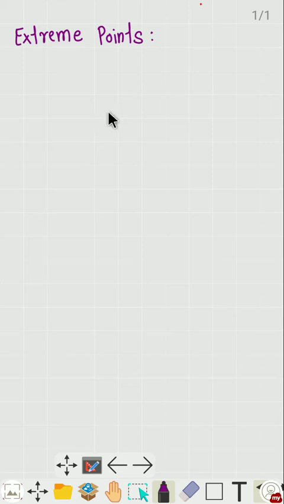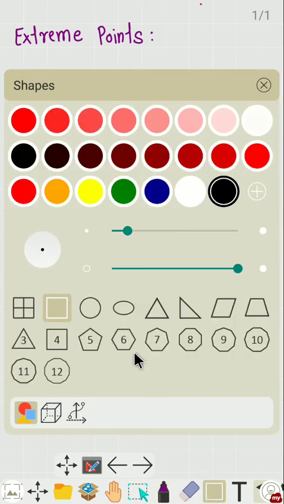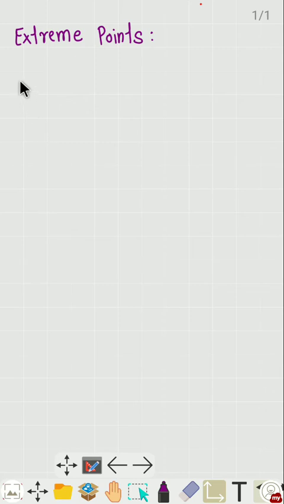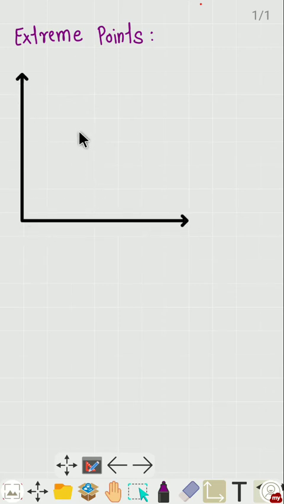For example, suppose we have a curve. Let us try to draw one curve. Suppose this is the xy plane and the curve of the function, and the maximum point, the peak point of that curve, is here.